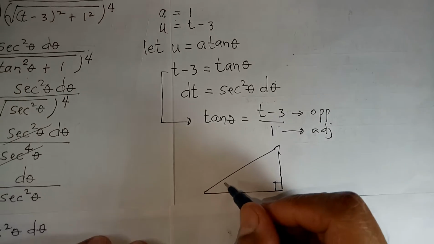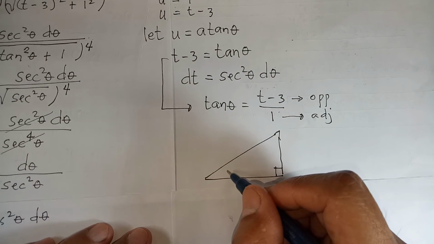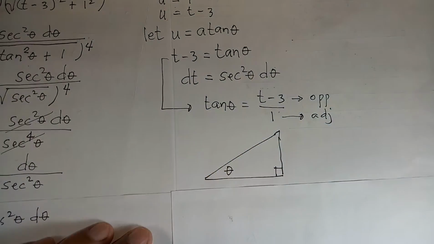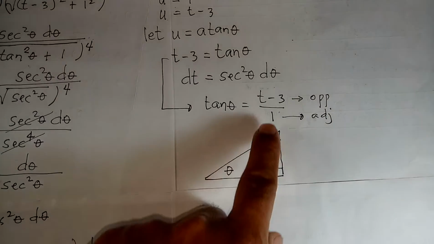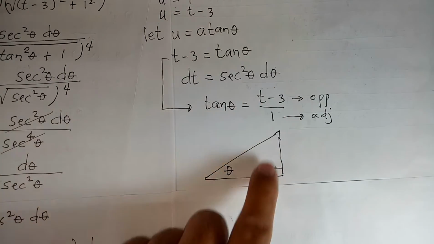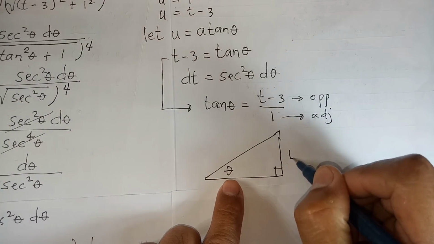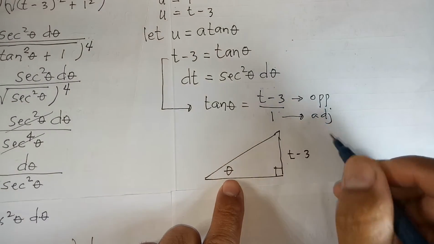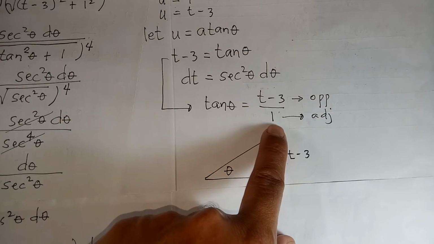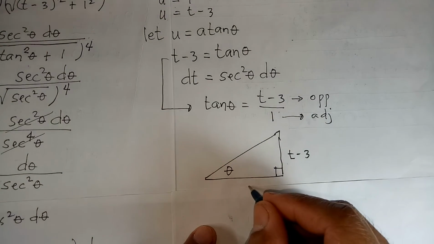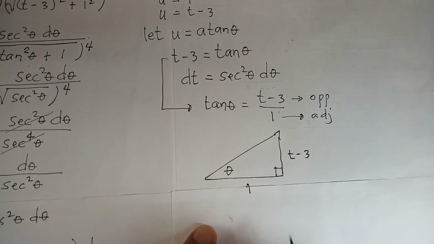So, let us say that this is the angle theta. The opposite side is t minus 3 with respect to angle theta. So, opposite side natin ay t minus 3. The adjacent side is 1. Okay? So, ito yun.